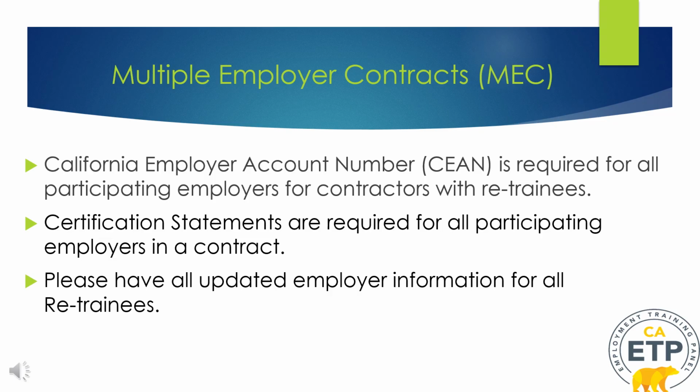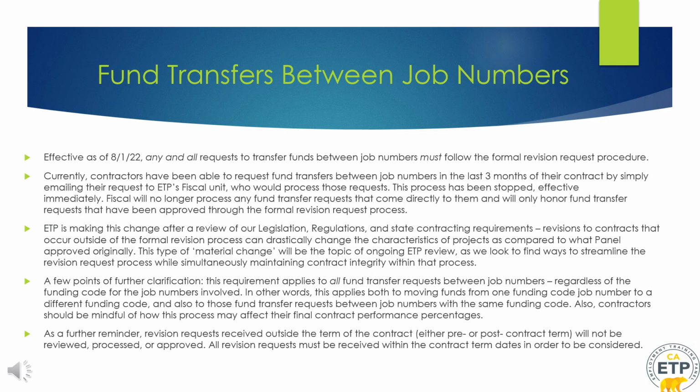We need to know which employers your trainees are working for and what is their post-hourly, post-retention wage, and all of that information is tied to a particular employer that you need a certification statement entered into our systems. This is also very important.